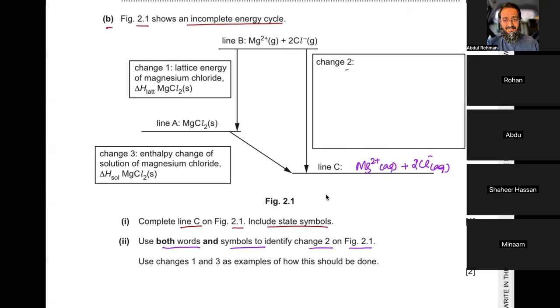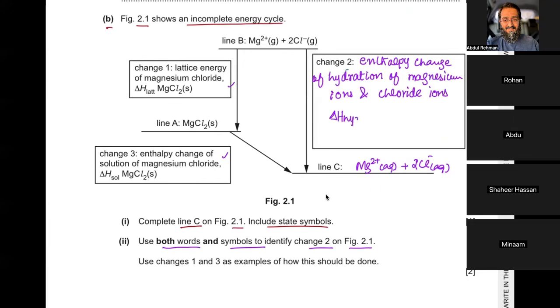So in figure 2.1, we can write by looking at these, that enthalpy change of hydration of magnesium ions and chloride ions. And now with the symbol delta H naught.